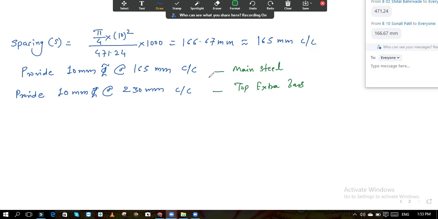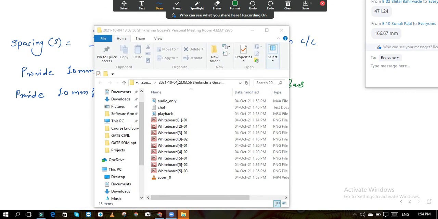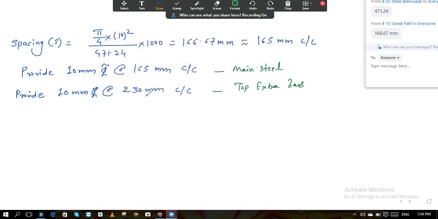Okay, so this is the main steel for flight AB. For BC, 10 mm bars about 110 mm center to center main bar and top extra bar is 220 mm center to center 10 mm diameter. For flight AB your main steel is 10 mm bar about 165 mm center to center. Okay, and top extra bar is 10 mm about 230 mm center to center. This is for BC and AB.